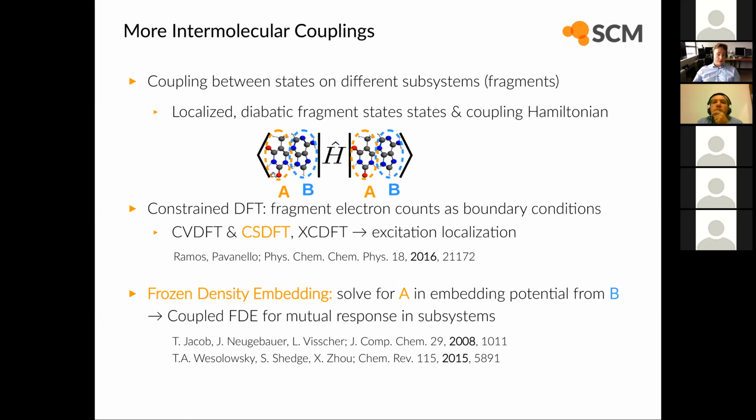In the case of constraint DFT, my understanding is that the so-called XCDFT is the method to localize excited states on fragments. This comes from the Pavanello group, and this is one way where this could be realized in terms of ADF calculations.